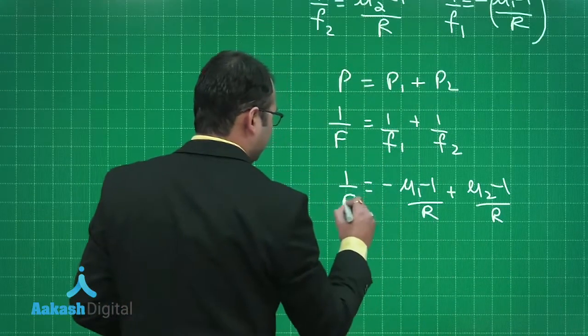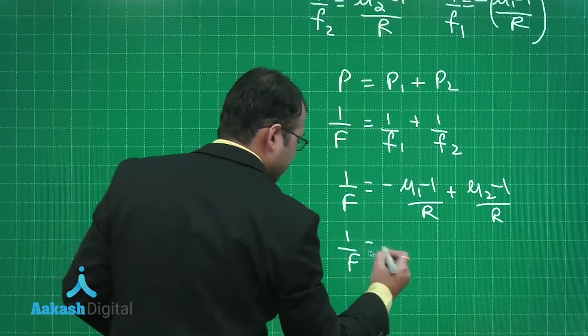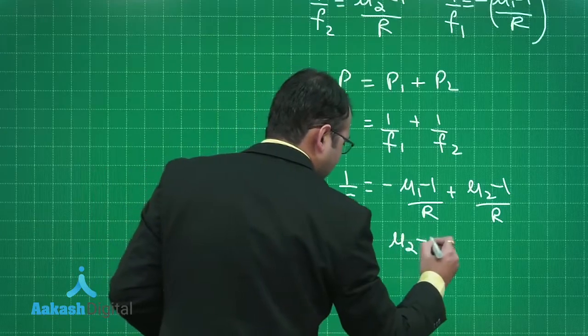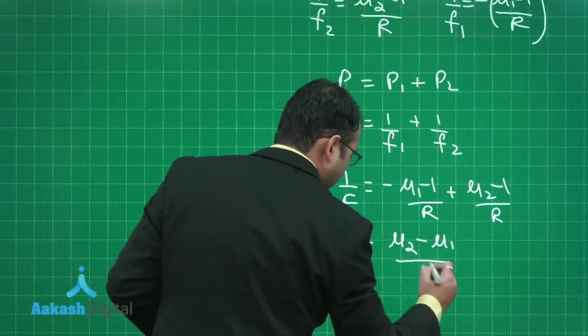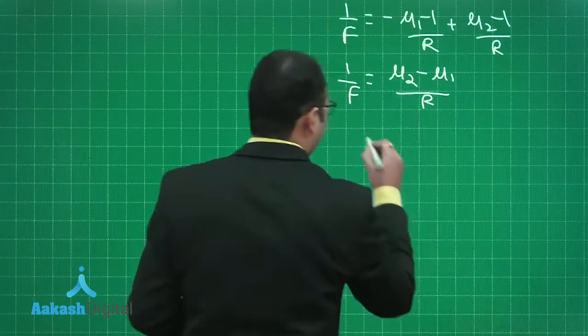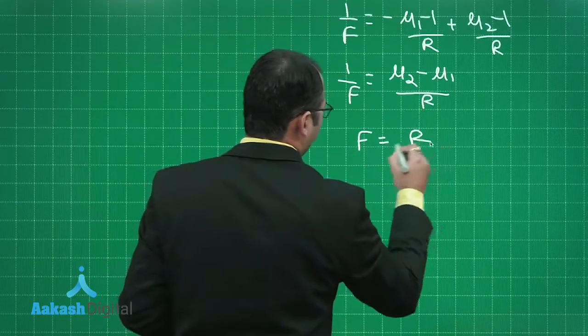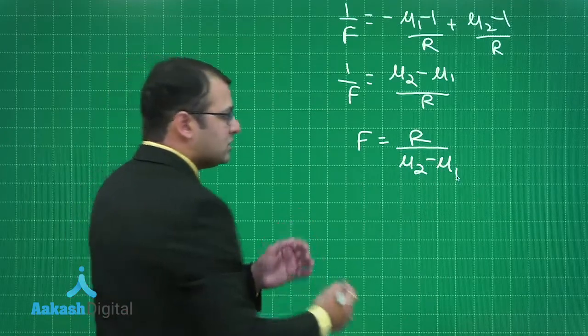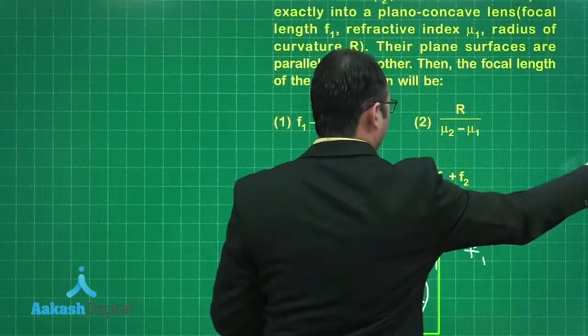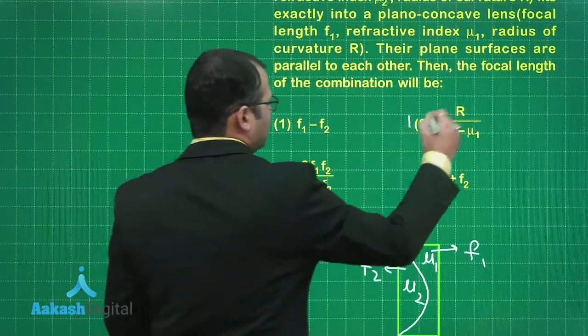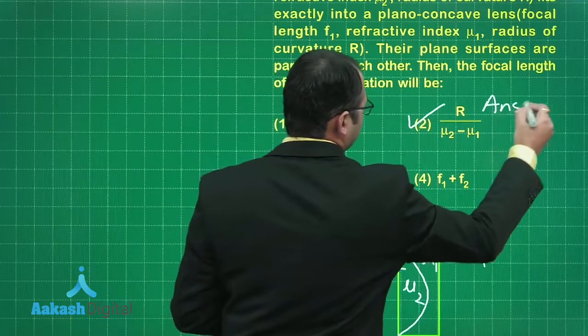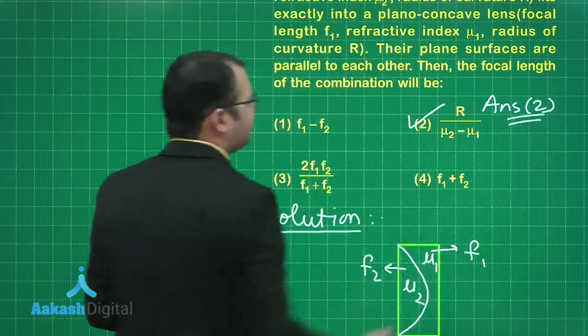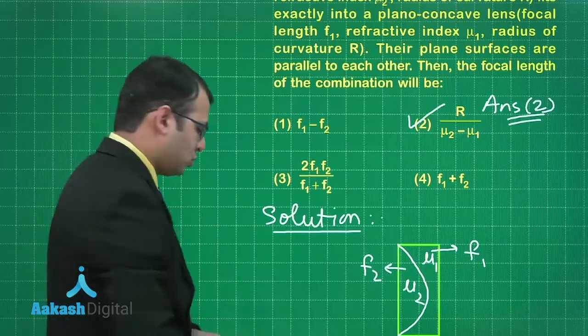So 1 by f, and thus you will find 1 by f is equal to mu2 minus mu1 by r, or I'll say f is equal to r by mu2 minus mu1. Let's see which is the best suited option here. Among the 4 given cases, option number 2 would be the right answer, right? Let's move ahead and solve our next question.